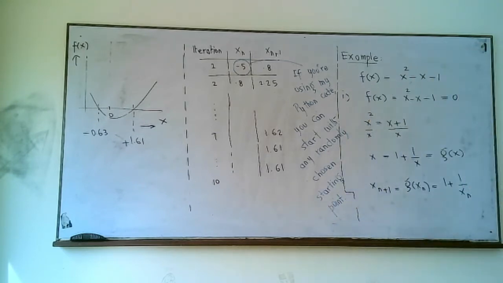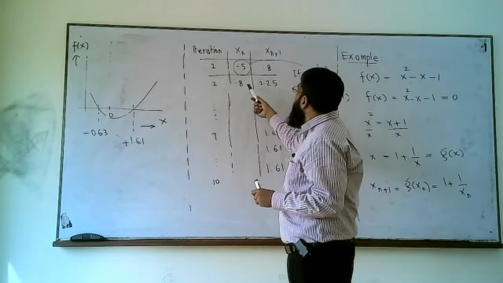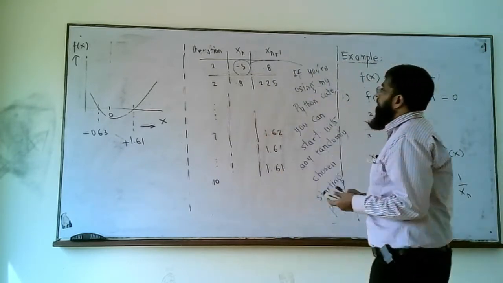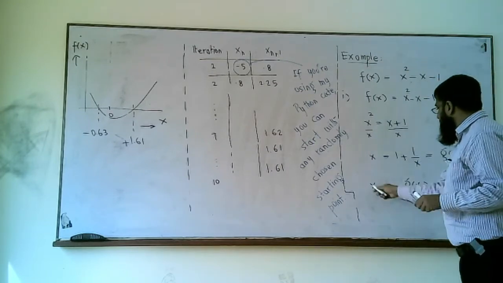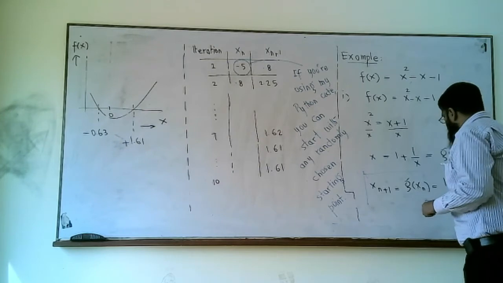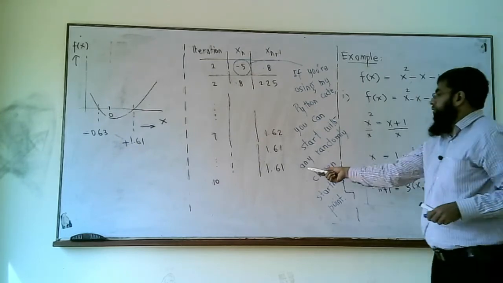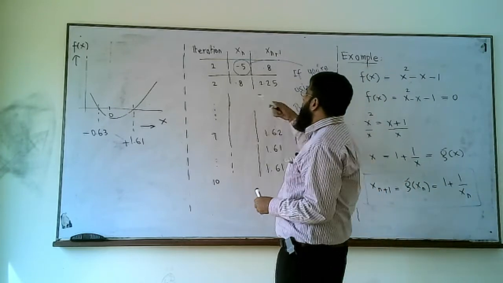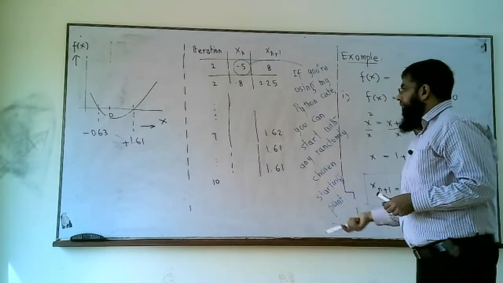So it's not mandatory to start from -5. You can start from anywhere, and if you are using this x_{n+1}, it will be converging to 1.61. So you can try different starting points in my Python code and you'll reach the same answer, 1.61.